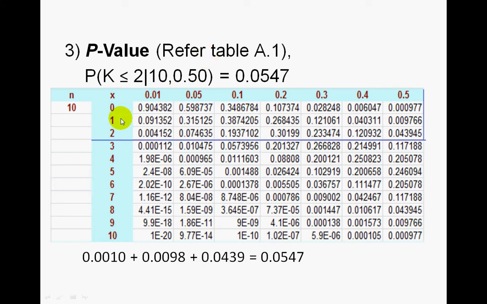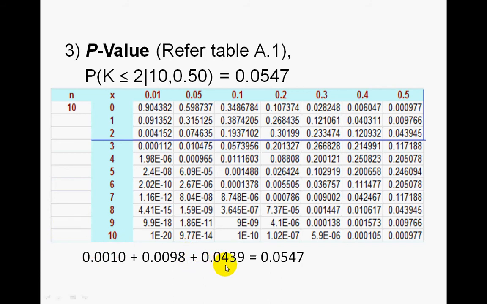Since we only take 4 significant figures, the p-value is the summation of 0.0010 plus 0.0098 plus 0.0439 equals 0.0547. Therefore, the p-value is 0.0547.